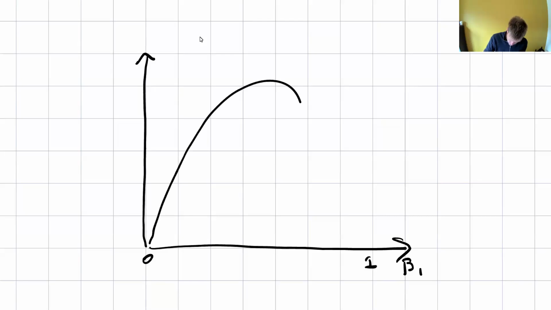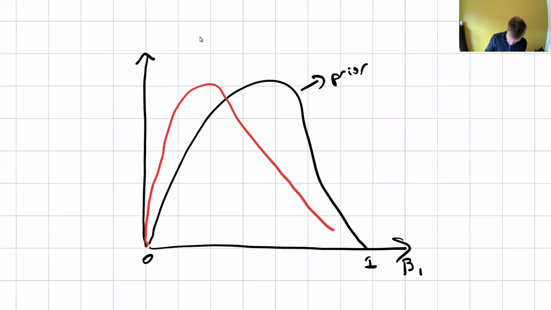All right, so it might look like that. Okay, so that's my prior. Then I'm going to get new data. I'm going to see new data, and that distribution is going to shift. All right, so let's say that I get some data that suggests to me that 1 is less likely than I originally thought. All right, so this would be my posterior.